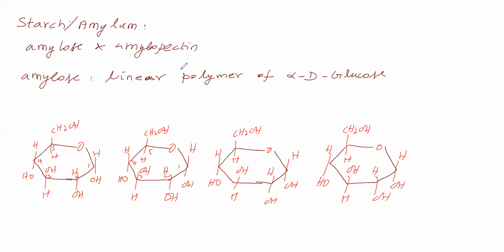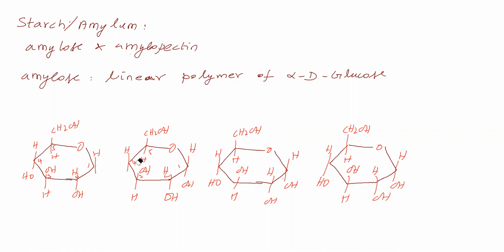Now we will give the glycosidic linkage. In this alpha D glucose, the C1 carbon OH group, and in this alpha D glucose, the C4 carbon OH group, go for glycosidic linkage.